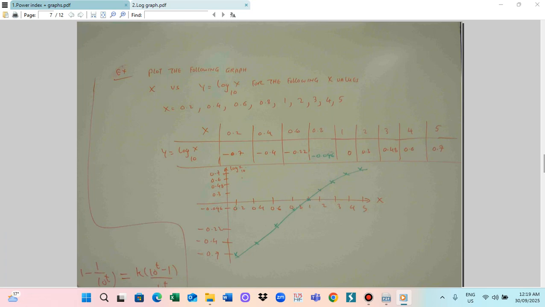Then we use the answer, we use minus 0.7. And this is minus 0.4, minus 0.22. And then this one, 0.8, is minus 0.09.